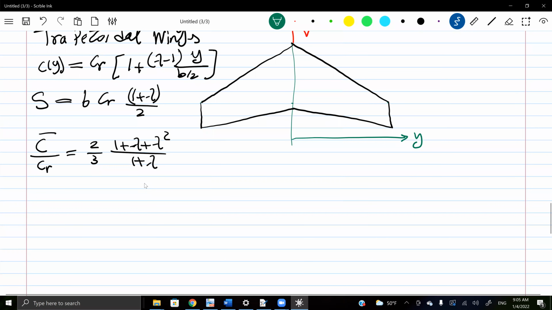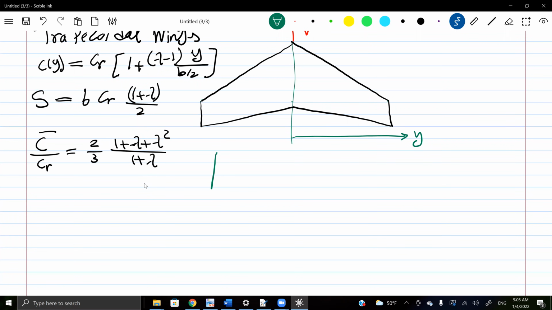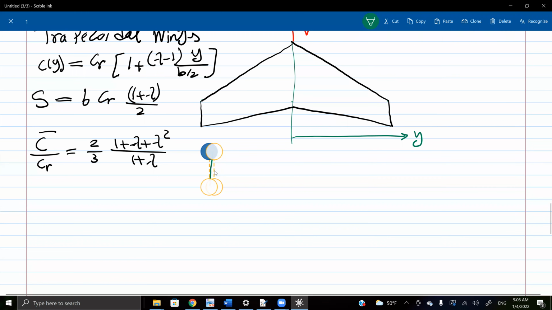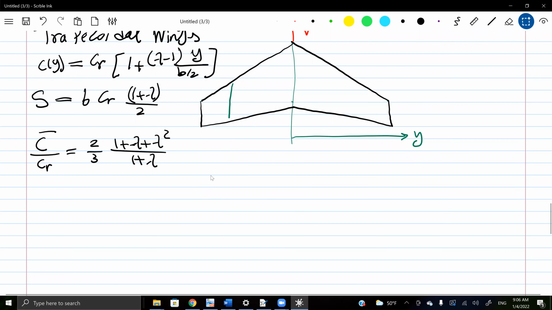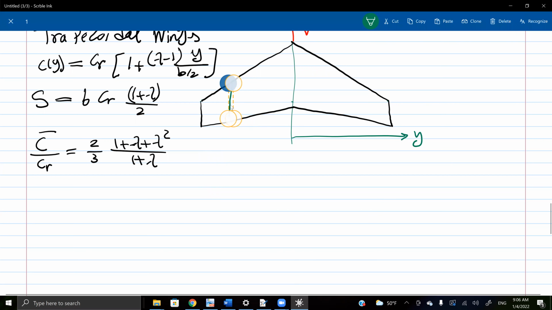Well, again, I'm gonna compute c bar from this relation, and here is my C bar. Let's try to make it vertical. I'll take this and try to find where is my wing station where this will fit.